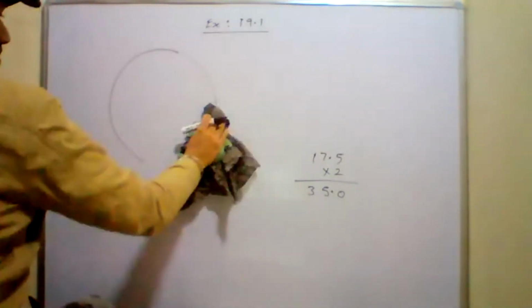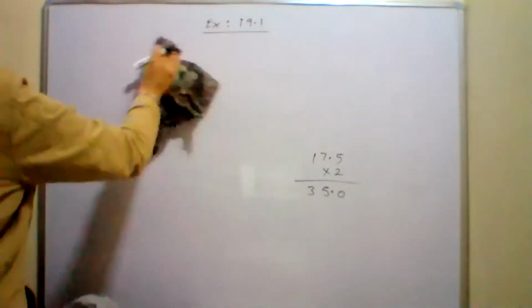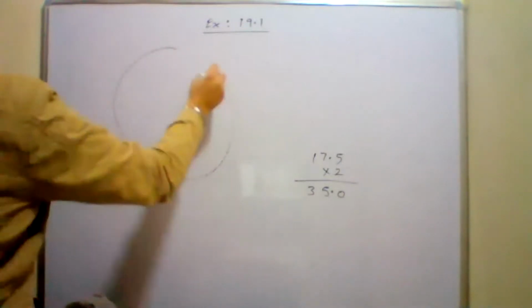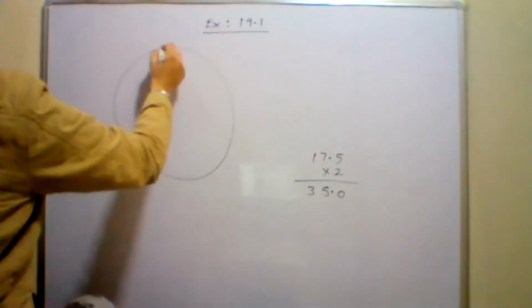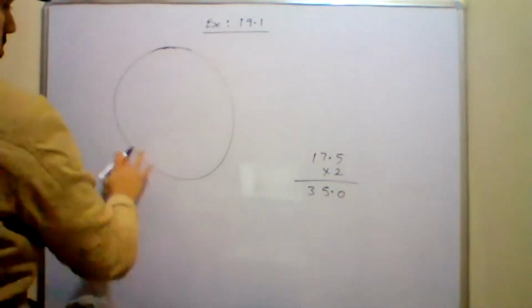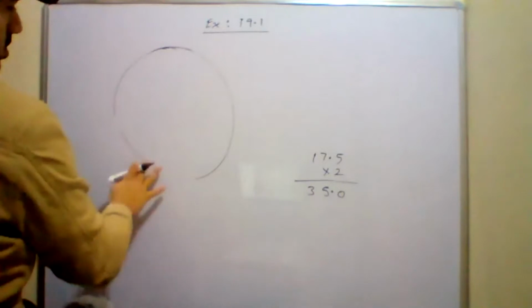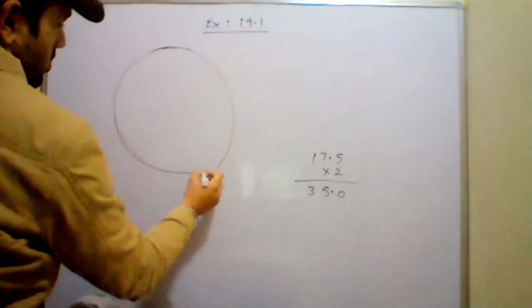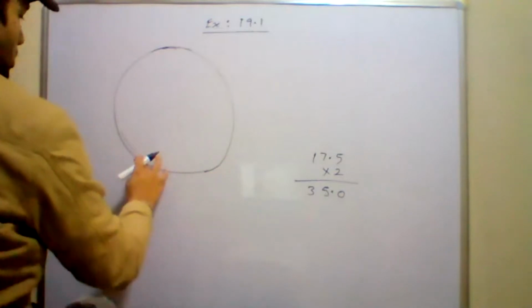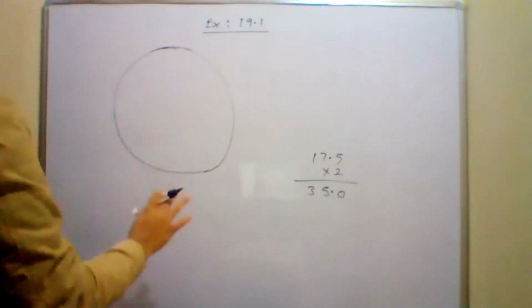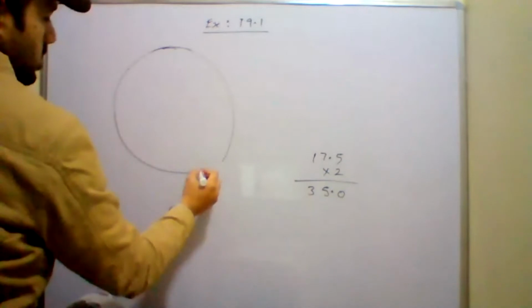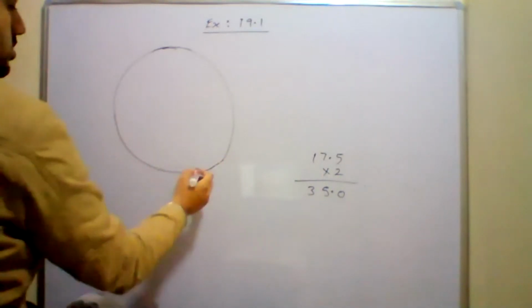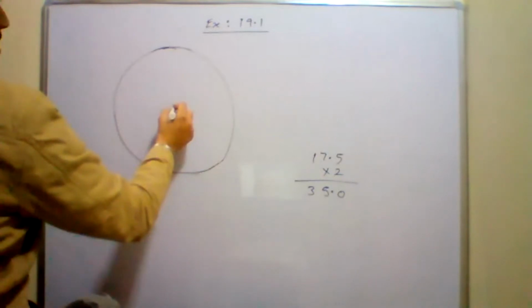Not a good one. So you can use anything, sir, like a scale, to make the radius. Okay, it will do. Yes, sir. So like this you have constructed a circle.